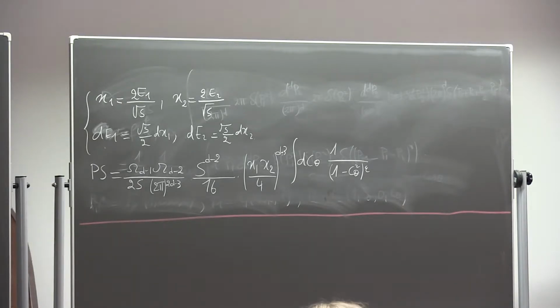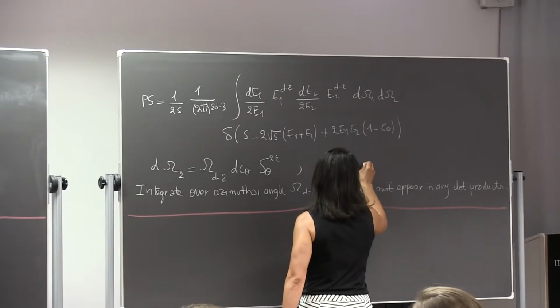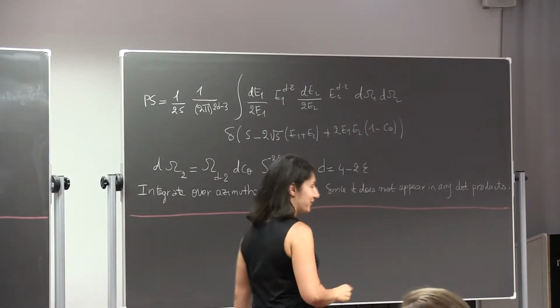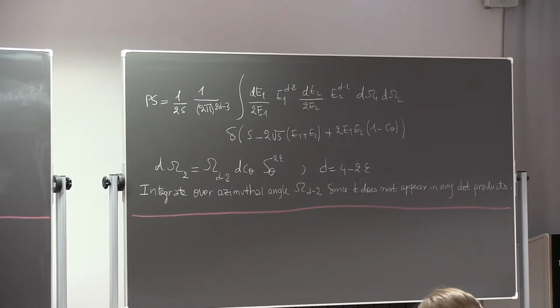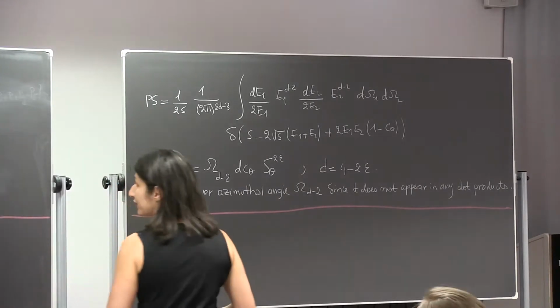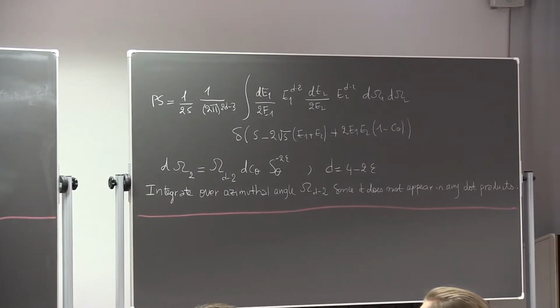So dimensional regularization, we are going to regulate all singularities with dimensional regularization, which means d equals 4 minus 2 epsilon. And yes, there's still an integration over x1 and x2.